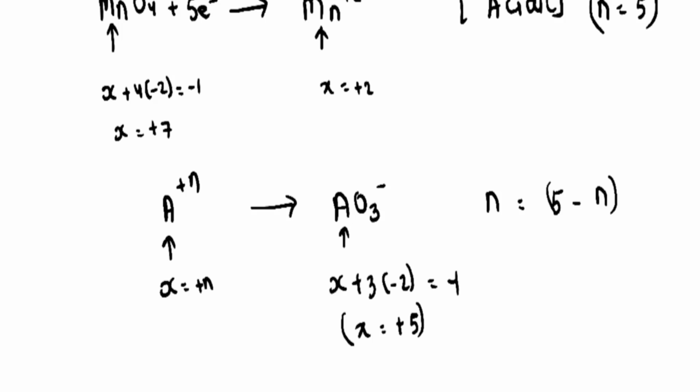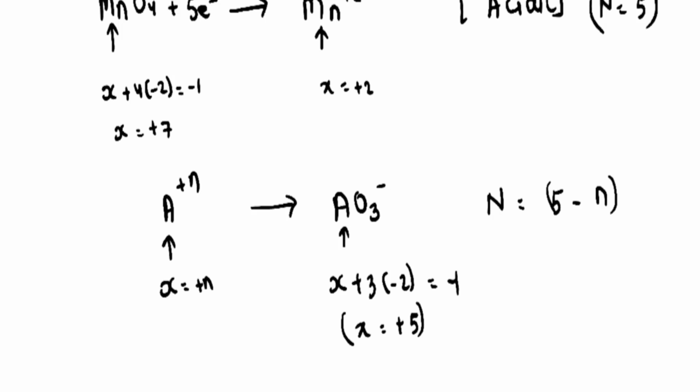So our n factor will be 5 minus n. Let us denote the n factor by capital N to avoid confusion with the small n.